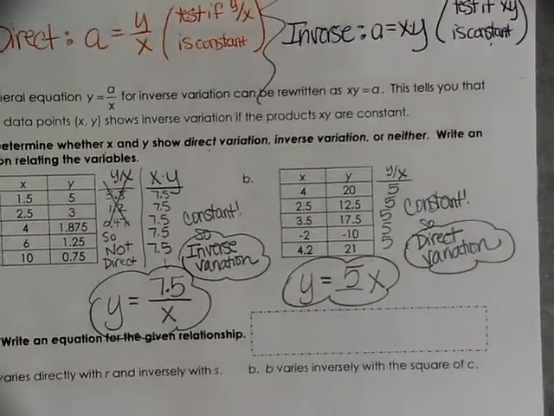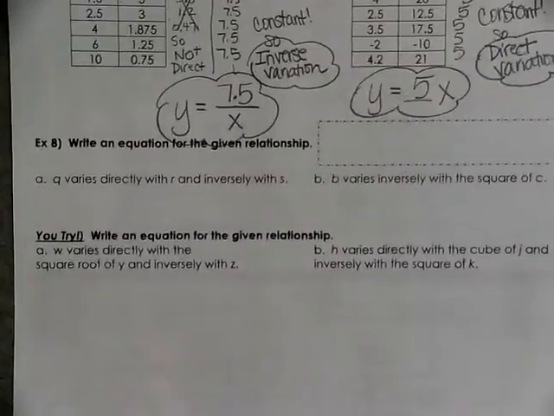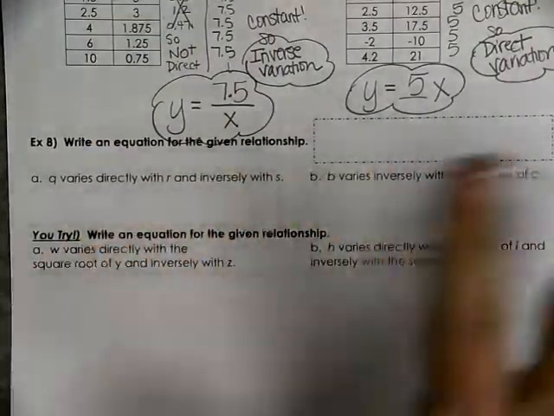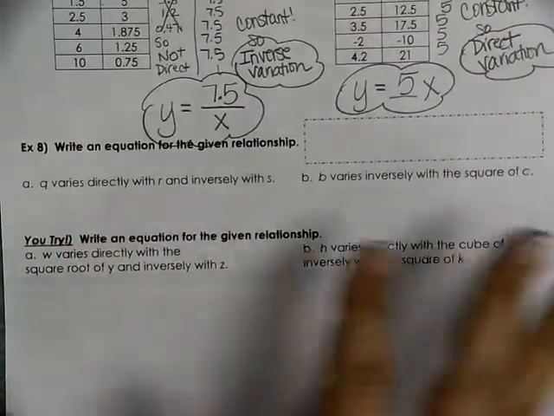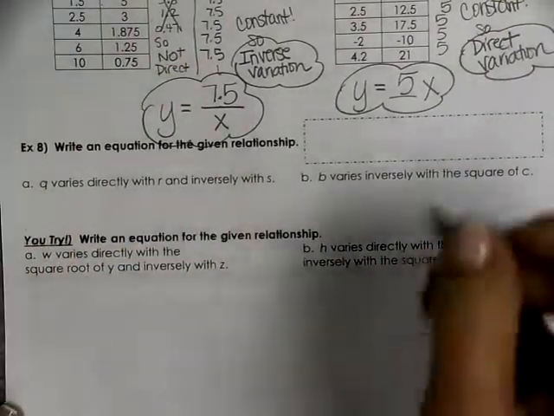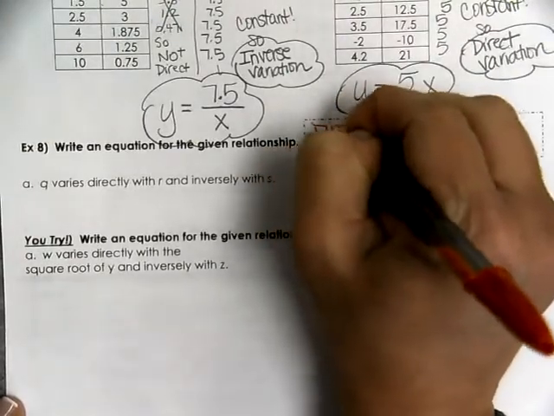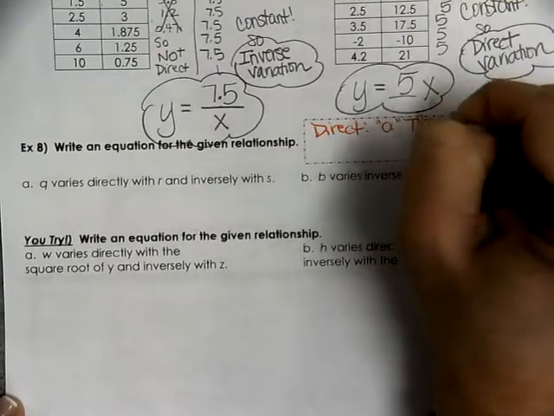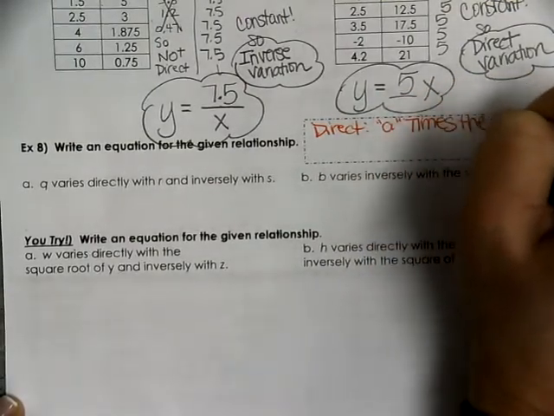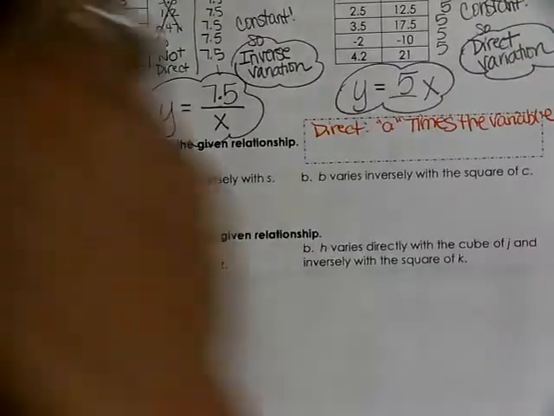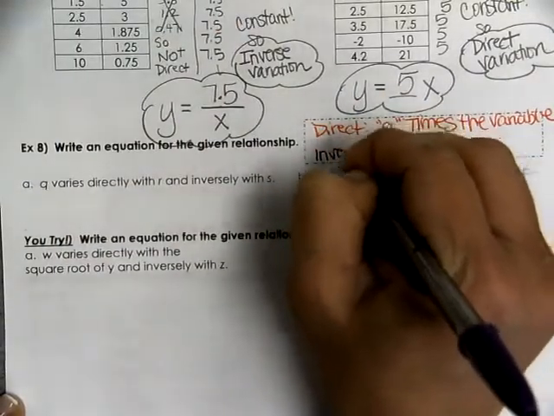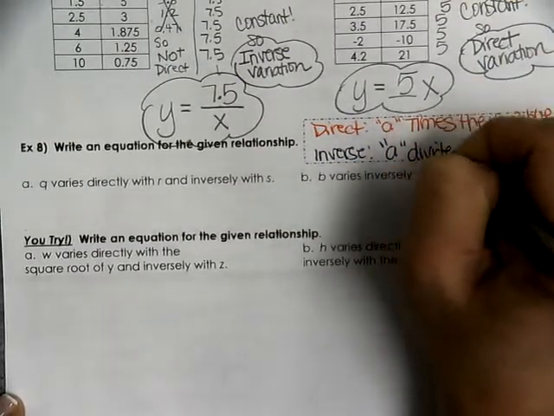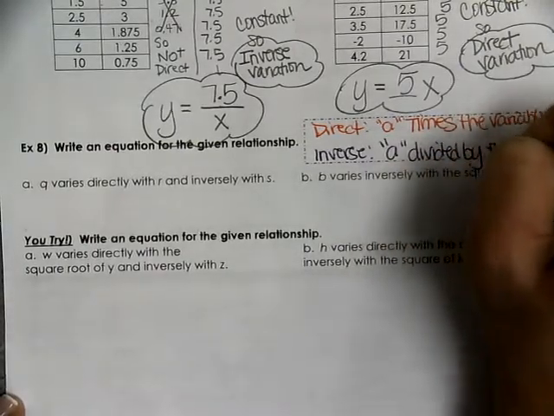All right. Now some of my favorite problems are problems like example 8, where they're going to tell you that things vary directly and or inversely with different things, and you write an equation with that. Remember that when you see direct variation, it's basically your constant a times the variable. And when you see inverse variation, you're going to see your constant a divided by the variable.